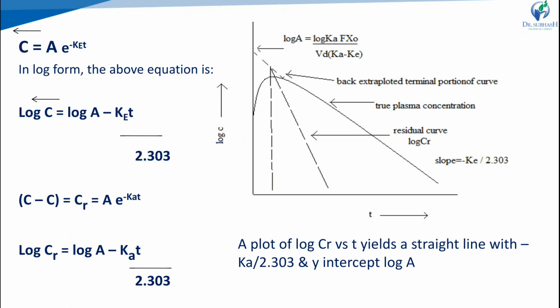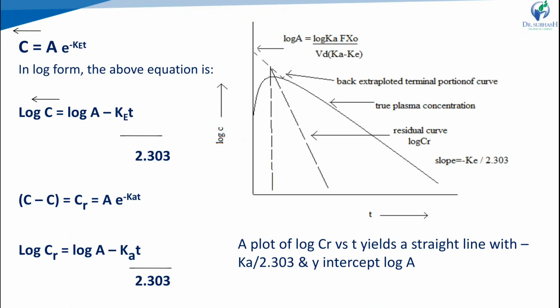The value of the second exponential term, e^(−Kat), approaches 0. The first exponential, e^(−Ket), retains some finite value, so C = A e^(−Ket). We can go for the log form of that equation.